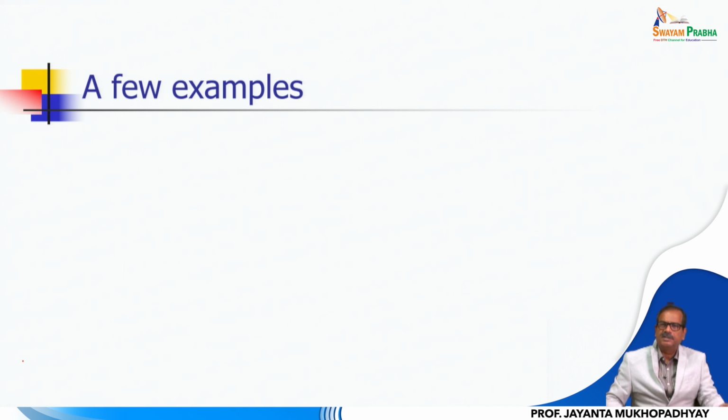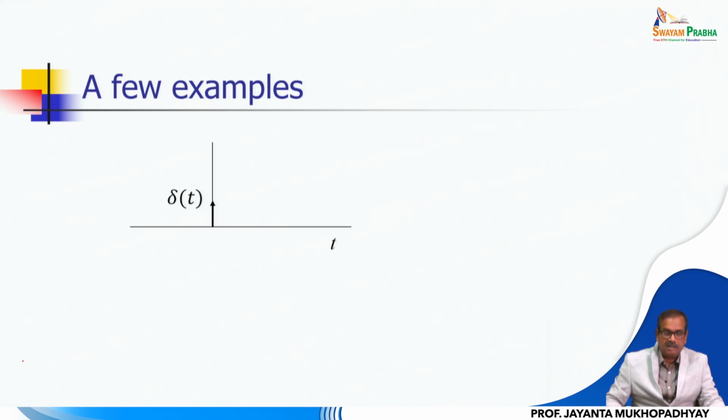Some of the examples we could consider: you can consider a Dirac delta function in the time domain. I discussed these examples in the previous lecture, and just for the sake of continuity we are repeating this part. The Dirac delta function has a finite support, because it is only defined at t equal to 0, an infinitely small interval.